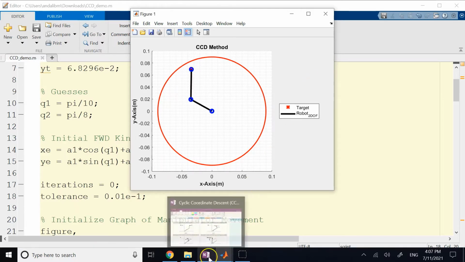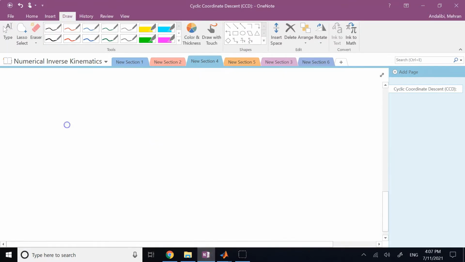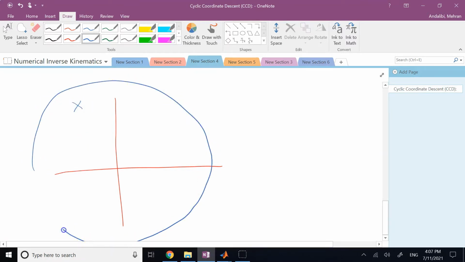What happened was this. Here was the target, and it was within that circle. When it tried to get there, something like this happened. It doesn't happen too often.